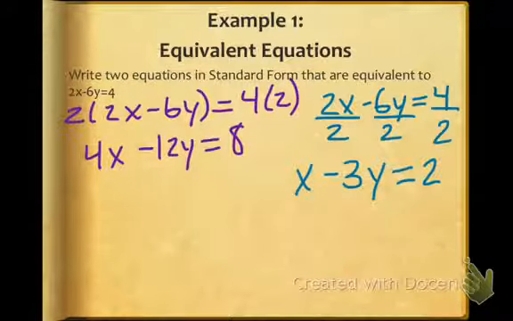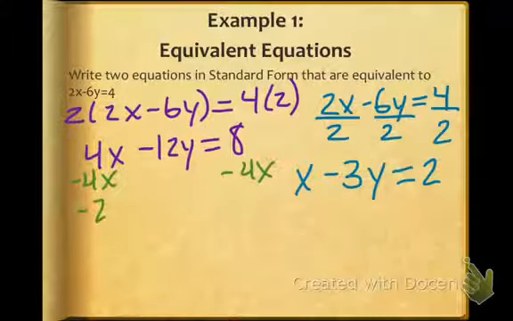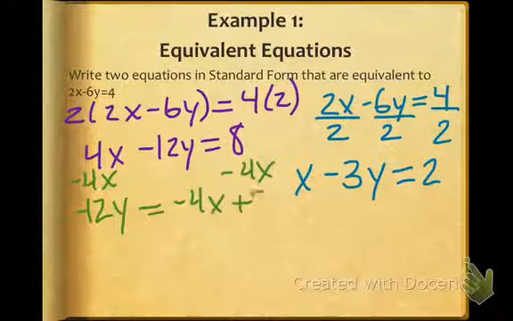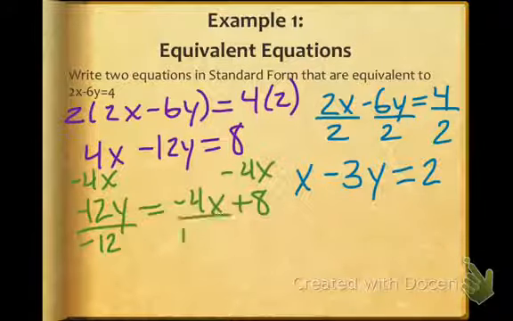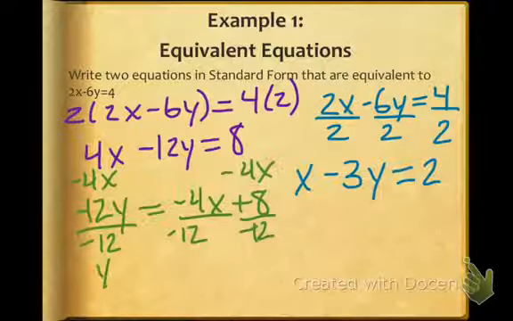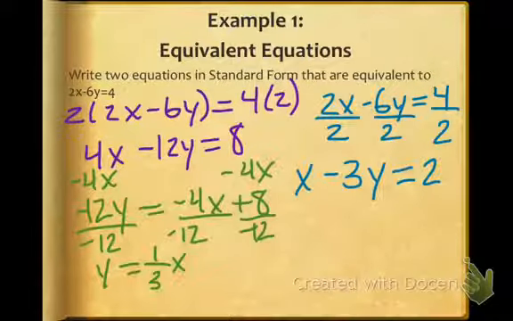So 4x minus 12y equals 8. To get y by itself, I'm going to subtract 4x from both sides. Don't forget your negative in front of the 12. Negative 12y equals negative 4x plus 8. Now I divide through by negative 12. And I'm left with y equals, well, negative 4 divided by negative 12 is a positive 1/3 x.